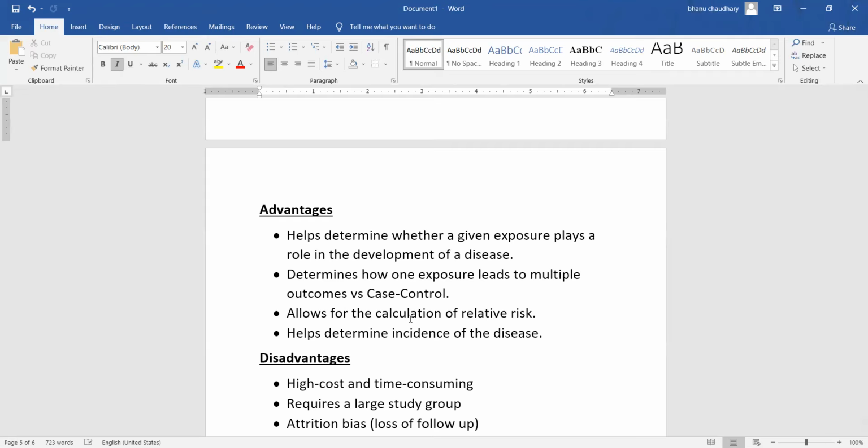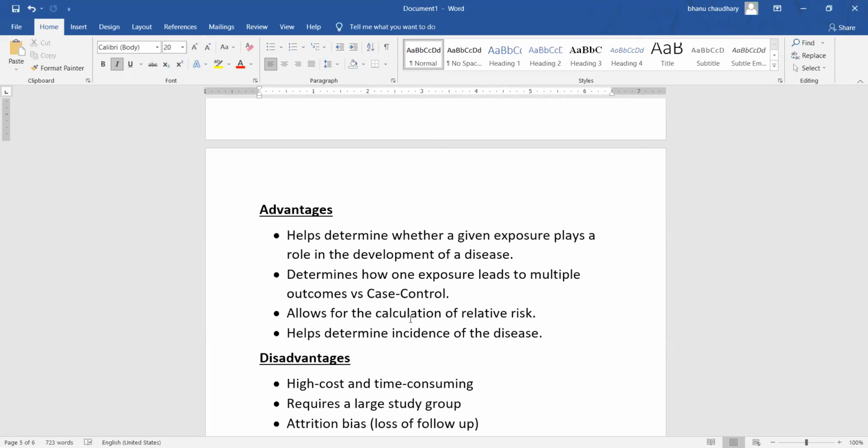Okay. For example, the esophageal carcinoma. It can be caused by hot drinks. It can be caused by caustic soda. It can be caused by Barrett's esophagus. It can be caused by smoking. It can be caused by alcohol.